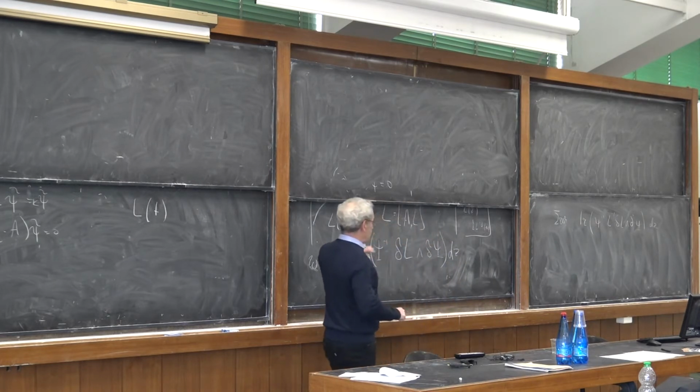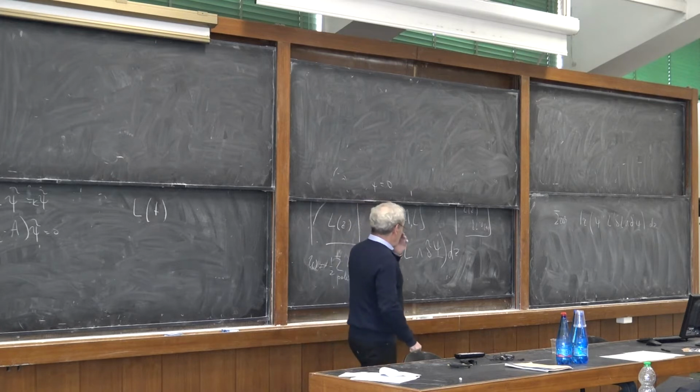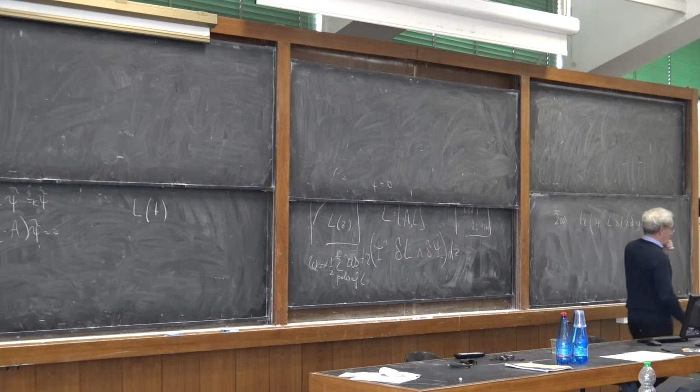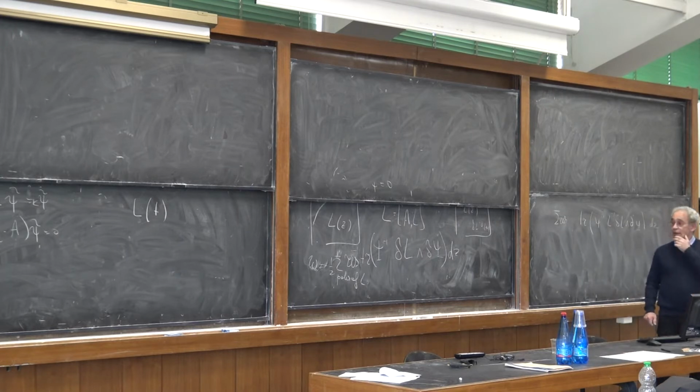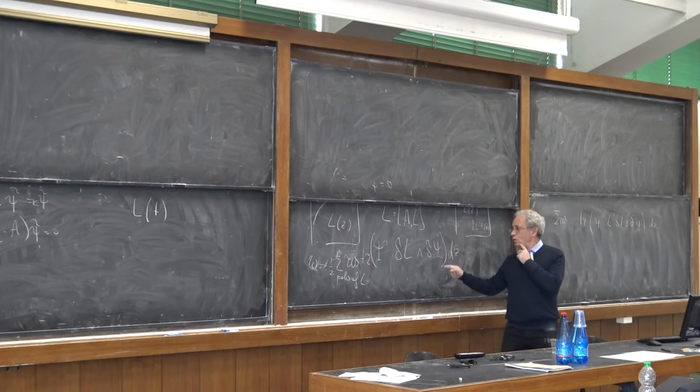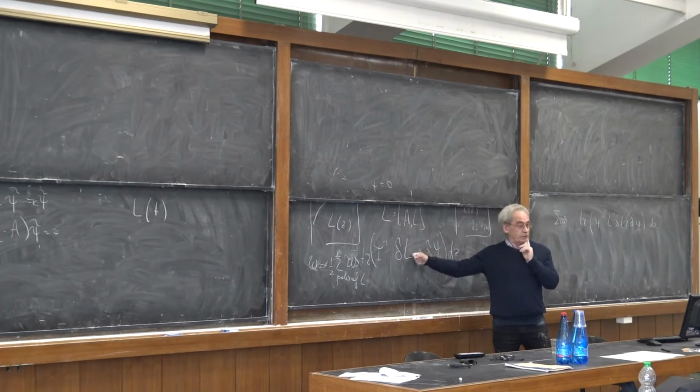In a second, I'll give you an example of how you compute this form. But okay, it's not exactly what I am looking for. It's not a form on a space of L's.